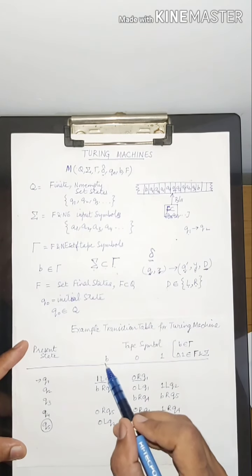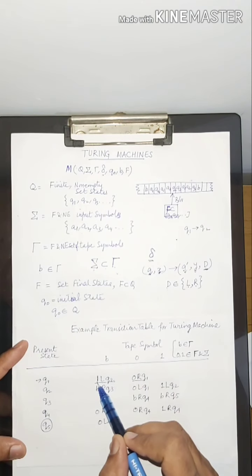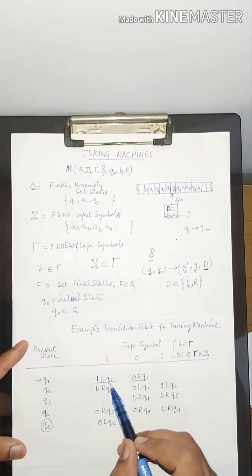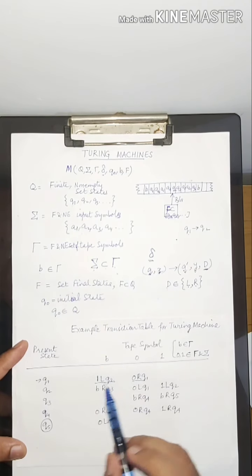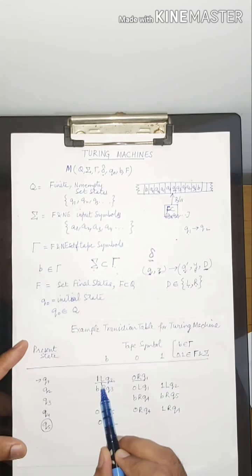So after reading B, it will erase it and replace it with 1, and the rightmost part is the state in which it will switch. So from Q1 it will switch to Q2, and in the middle it is written L or R. This obviously means that the head will move to the left.